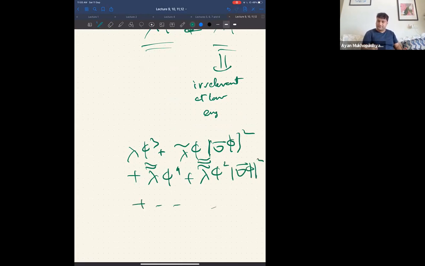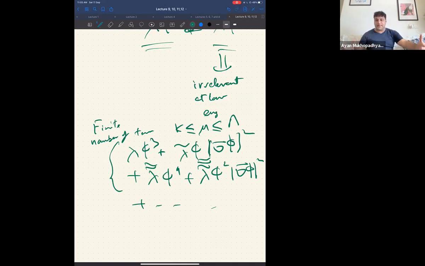I can have these kinds of terms. What you can show is that there are only a finite number of such terms which are relevant if I keep mu greater than or equal to lambda. So you can actually show that some of these terms are irrelevant. They're suppressed. Their effects are highly suppressed.